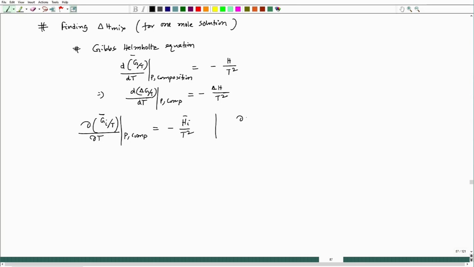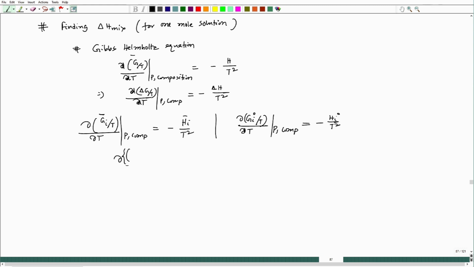Similarly, because we are fixing pressure and composition, we can make it partial, and then this becomes minus Hi naught by T square.